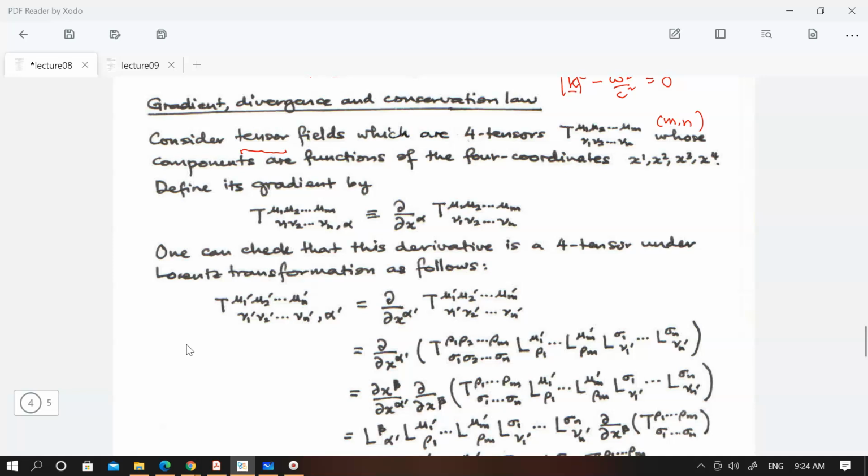Remember that even though alpha appears on top in this derivative, it is actually in the denominator, so alpha will appear as a subscript, a lower index. So this will be the derivative.